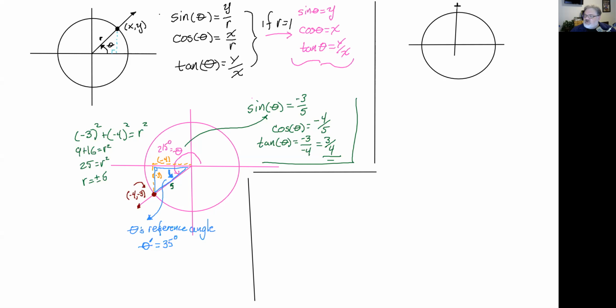So if this circle is radius 1, and we know a point on this circle, let me put it up here. Say the point on that circle of radius 1 that we know, let's say it's -5/13 and 12/13.